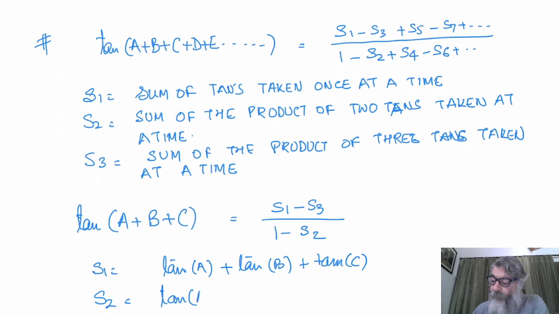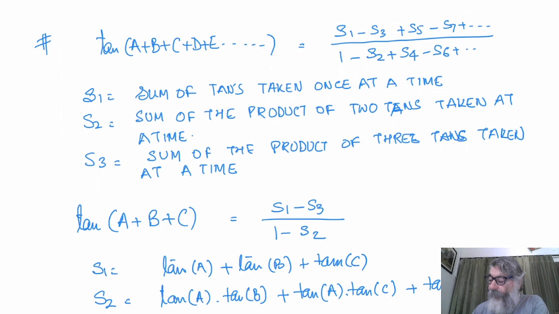tanA, tanB, then tanA, tanC, and then tanB and tanC. Product of two tan angles taken at a time: tanA into tanB, tanA into tanC, tanB into tanC.